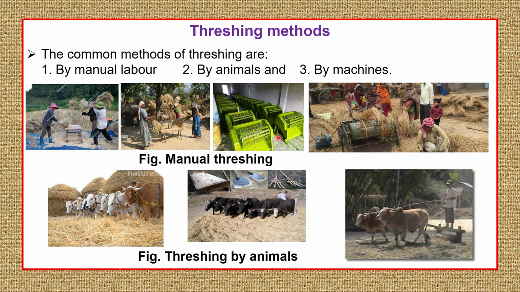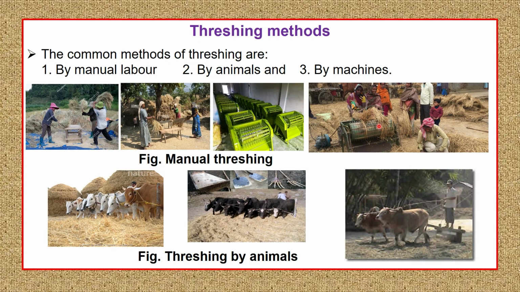So manual threshing involves hitting the crop over a hard surface. It may be a stone, a table, or something else, where by hitting over that surface the grain may get detached because of impact or beating action. As listed here, the rupture of the bond between the grains and ear is mainly due to beating action.